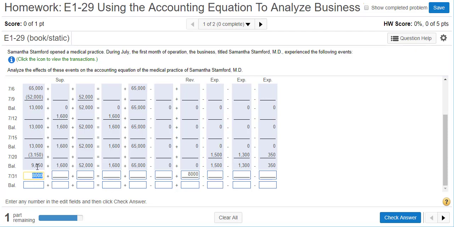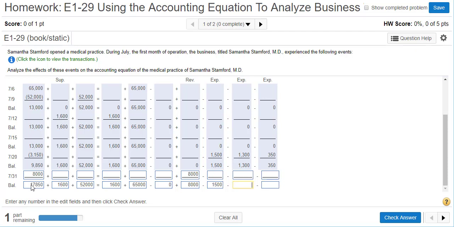Now we need to calculate our new balances. So 9,850 plus 8,000 gives us 17,850. We still have $1,600 of supplies. 52,000, 1,600, 65,000, 0. We finally have some revenue.